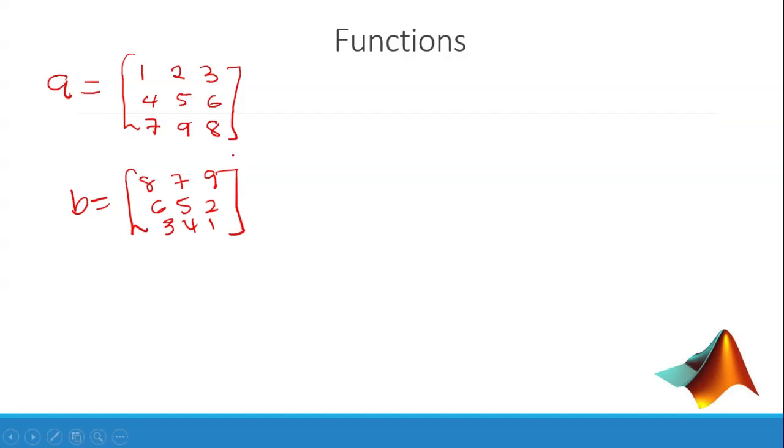If Matlab considers these two matrices as arrays, it will multiply the first element by the first element, the second element by the second element, and the third element by the third element. So it is going to do element by element.